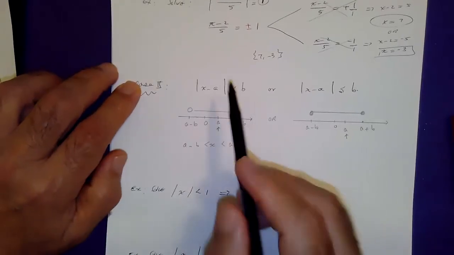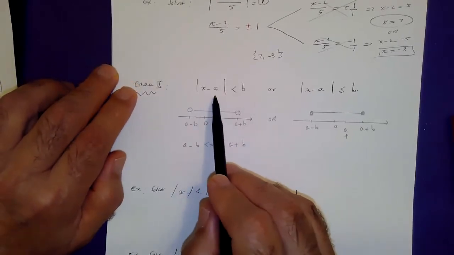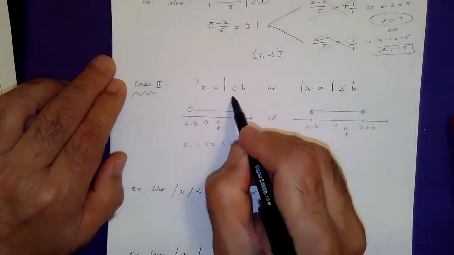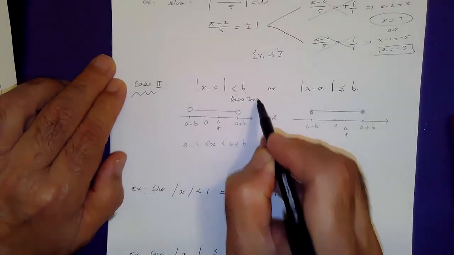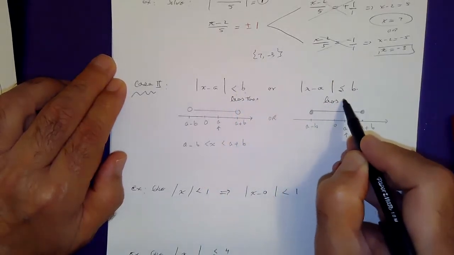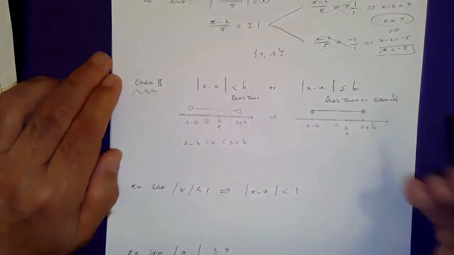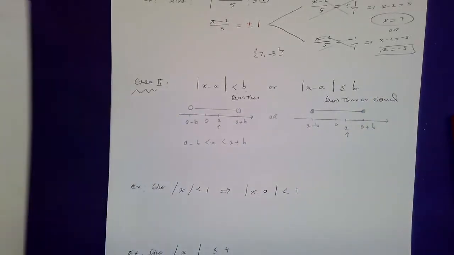Case 2 is what if you have the absolute value of x minus a less than b, as opposed to equal. So this is less than, and this is less than or equal to b, correct?